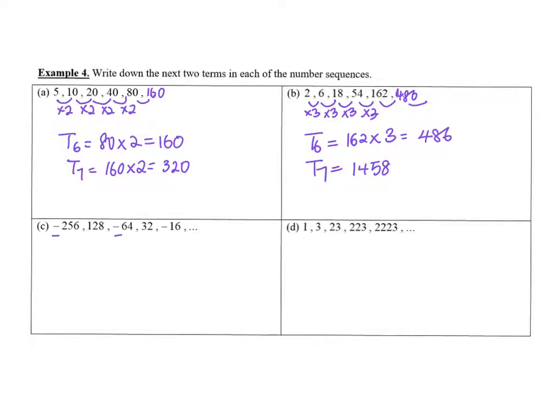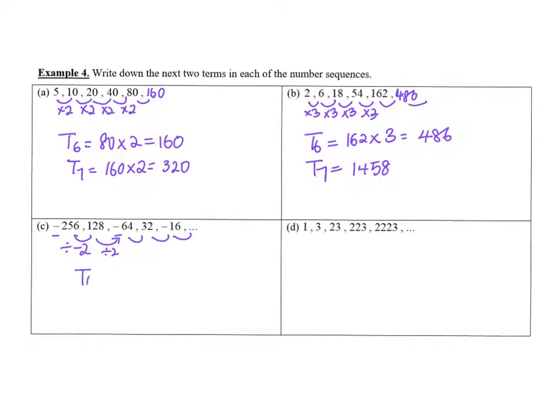I will actually notice that this is a division, divide by -2. So for this, we will divide by -2 so that it becomes positive. And 128, divide by -2 again to give you 64, and so on and so forth.